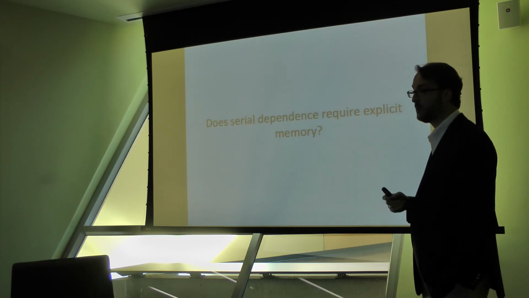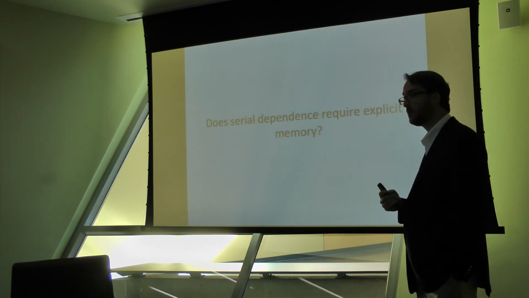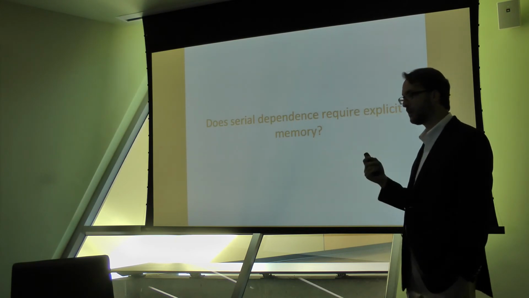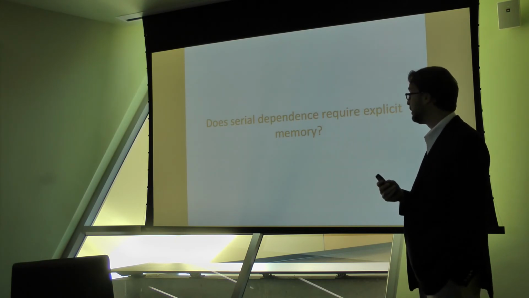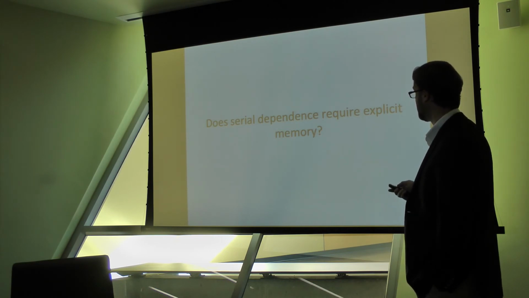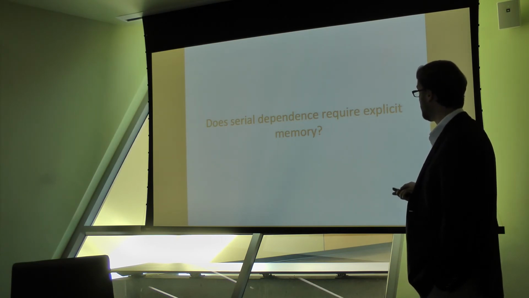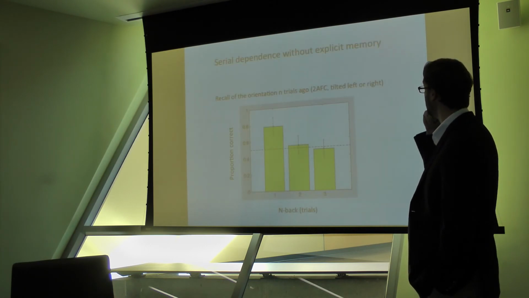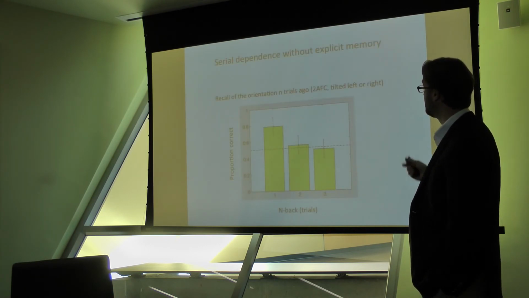Does it require some explicit memory? This is what everybody asks. Everybody thinks of this. Maybe subjects are remembering the orientation, and maybe it's the false memory, or maybe it's just their explicit memory of the Gabor orientation. That's what's pulling them. So we did another experiment. What Jason Fischer did was 2 tasks.